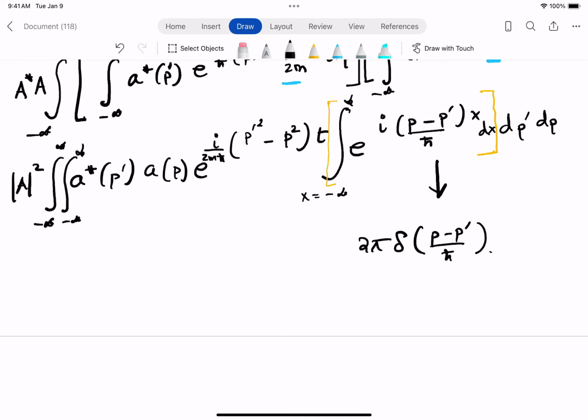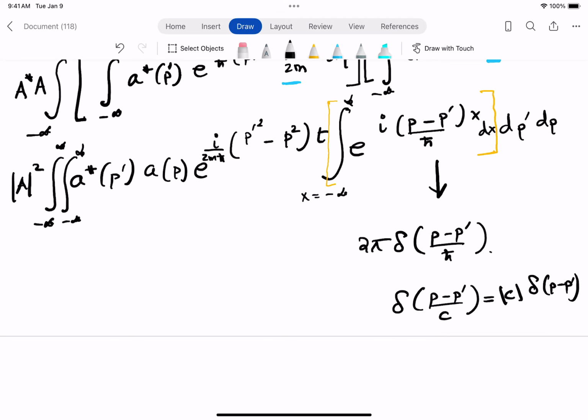Now there is a property of a delta function that if you divide the argument of the delta function by a constant, and I might as well just write it over here, delta of (p minus p prime) over h bar, or over any constant, let's call that c, is going to be c times delta of (p minus p prime).